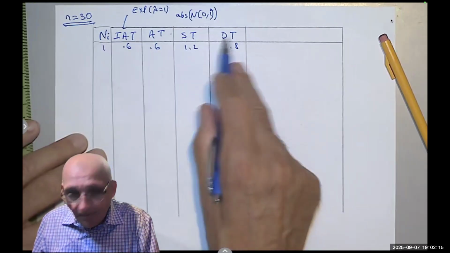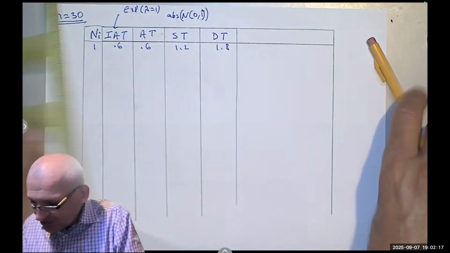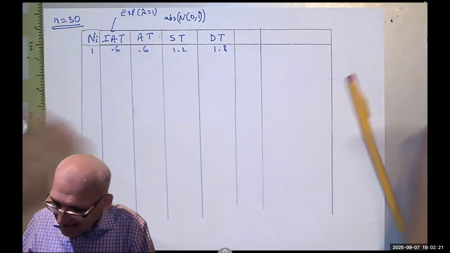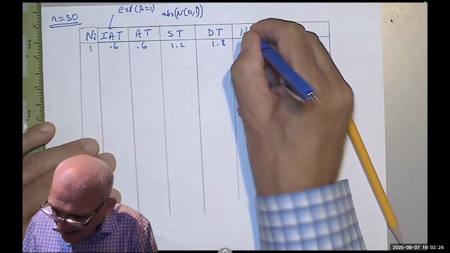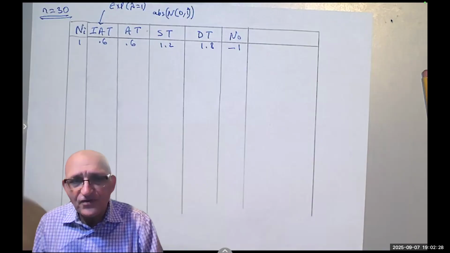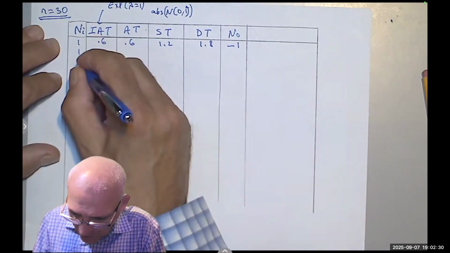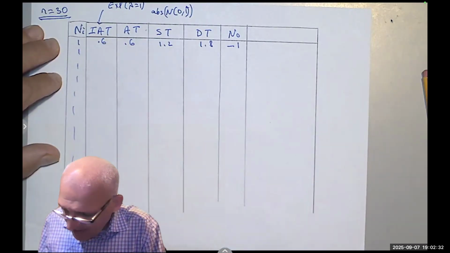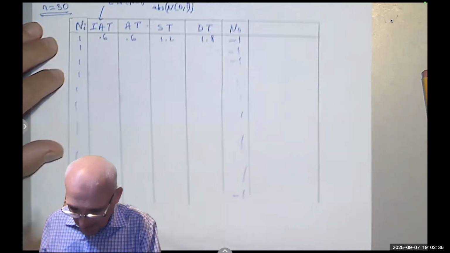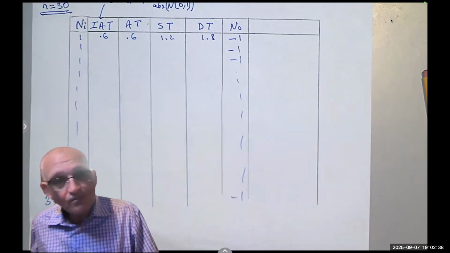And then for the departure time, I want to have n out, so the number of people leaving the system, and it's -1. We'll see how we are going to make use of those columns. So this would be filled with ones, 30 of them, and this is -1, -1, 30 of them. So this is customer number 30.